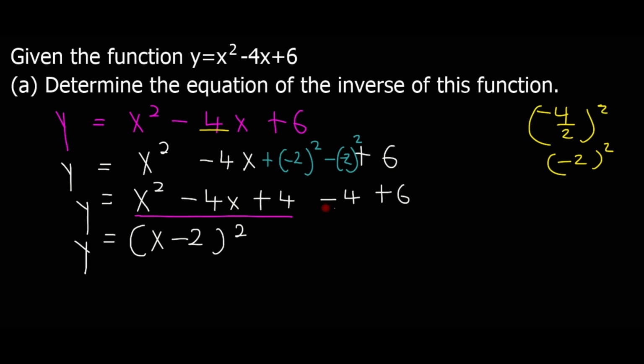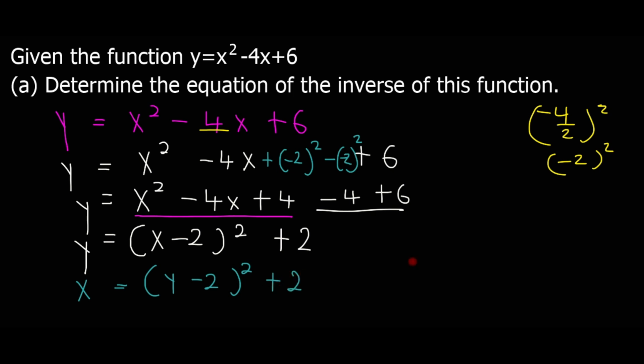And then from there we have minus 4 plus 6, and minus 4 plus 6 gives us positive 2. So now we can see that after completing the square, our equation is in the vertex form, similar to the previous one. Now we can do it in this way: take y and make it x, and take x and make it y, just like the previous one.